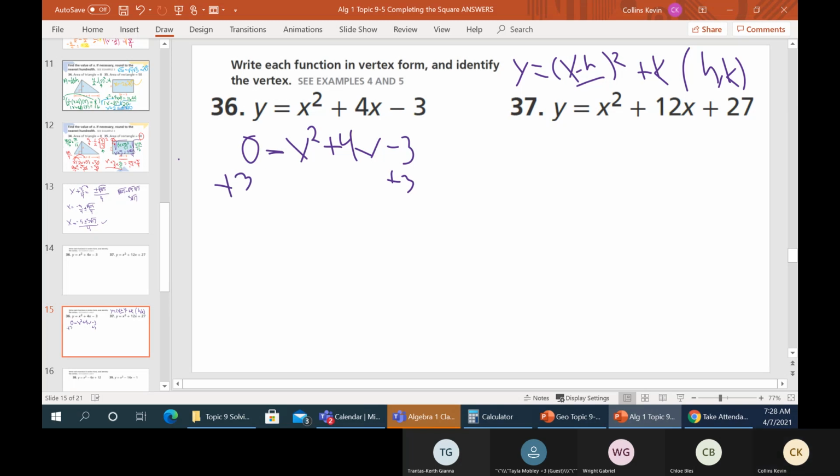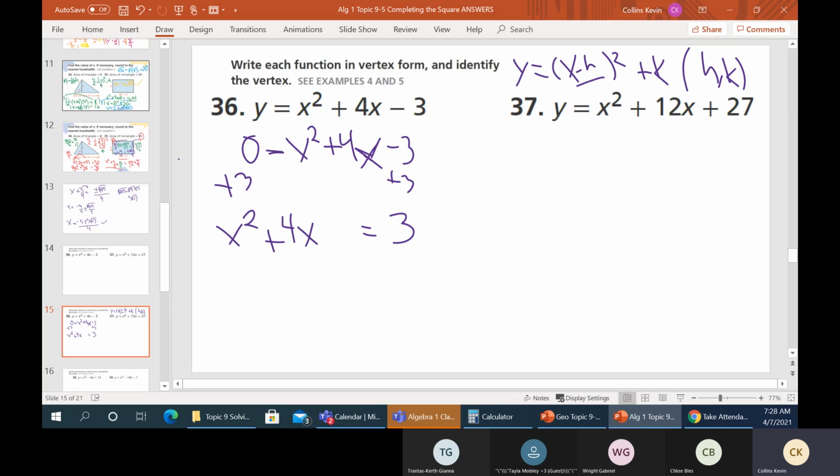Just to keep it looking normal, I'm going to write the x squared and this terrible 4x first. So x squared plus 4x equals 3. Okay. So now we do our completing the square, and this one's not going to be fractions and all that weirdness, so it's not so bad.